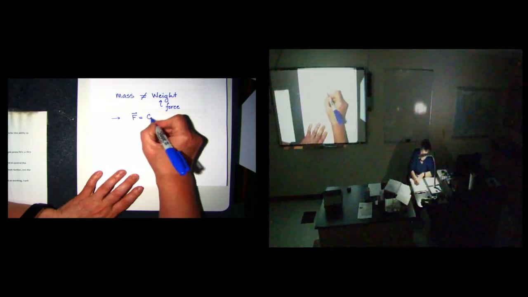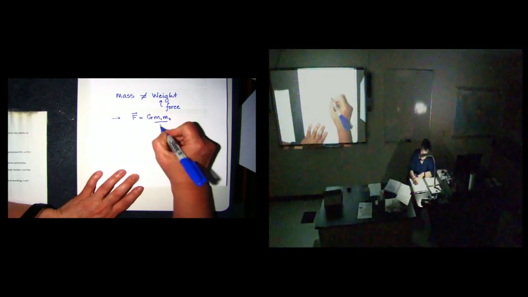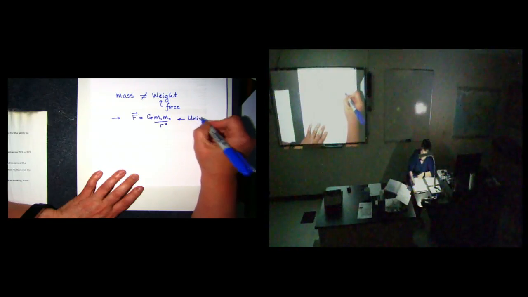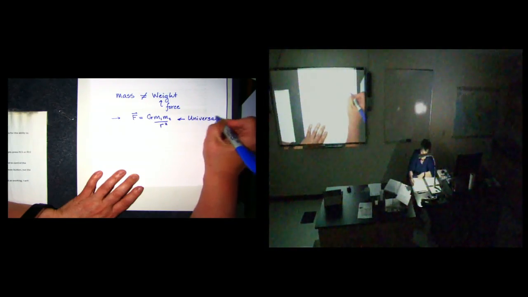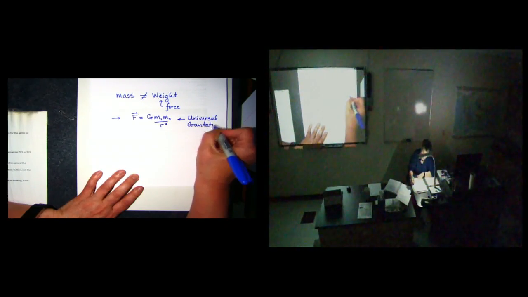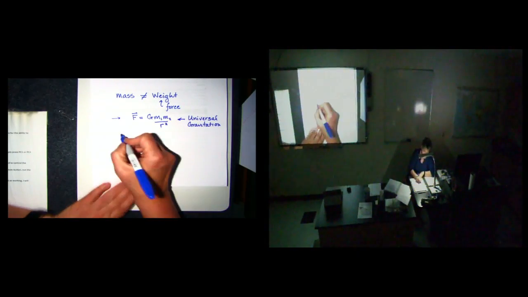If I'm dealing with Earth here, and I'm dropping a ball on top of the Earth, this little delta R is much, much smaller than the radius of the Earth, so I could disregard that distance.